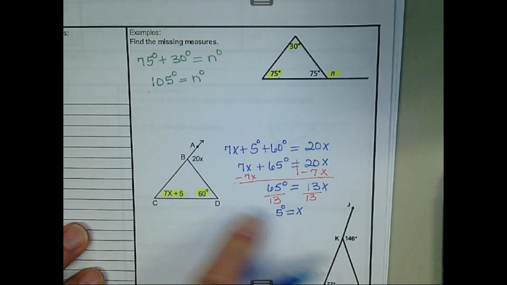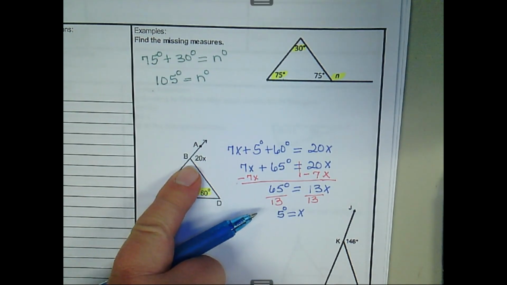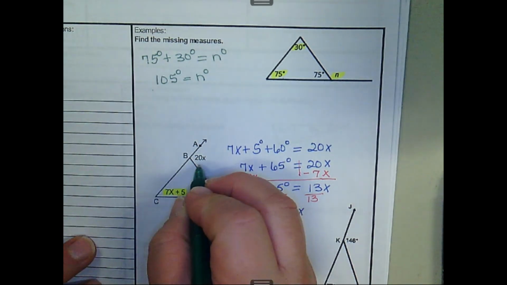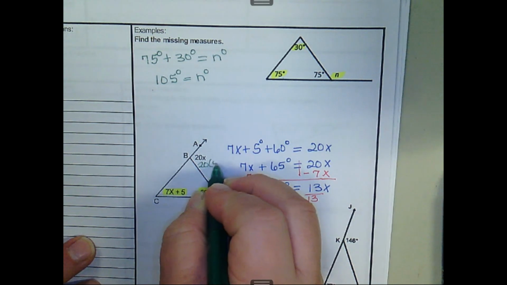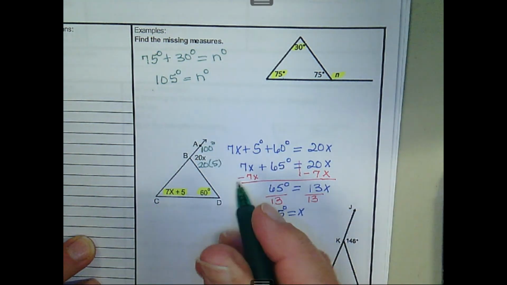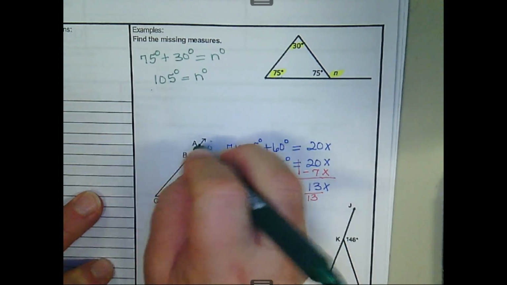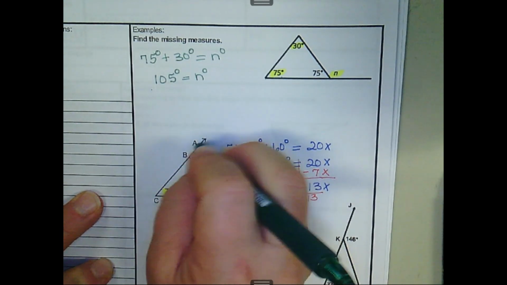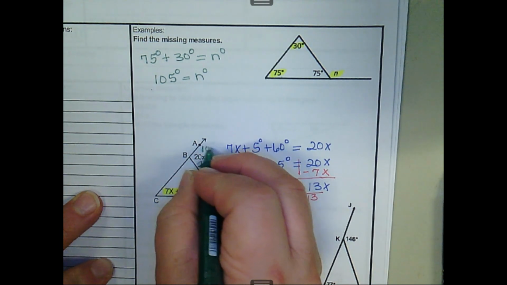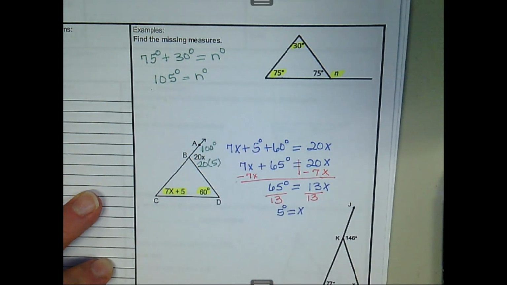So as I'm looking, this one is definitely the easiest one to find because when I substitute it in, I will have 20 times 5, and that will give me 100. No, it will give me 80. No, it does give me 100. I was right the first time. 100 degrees.